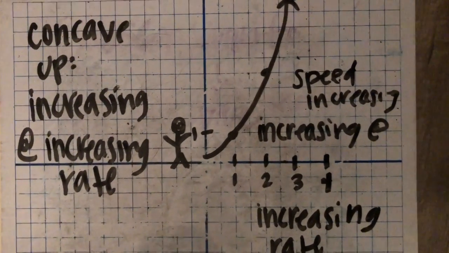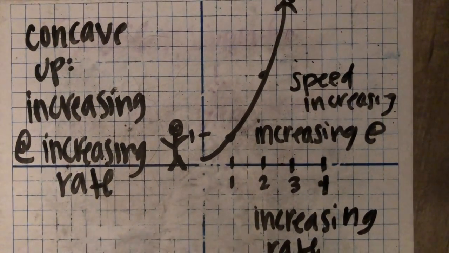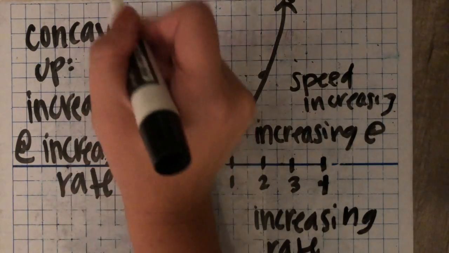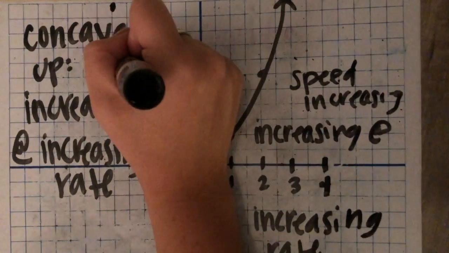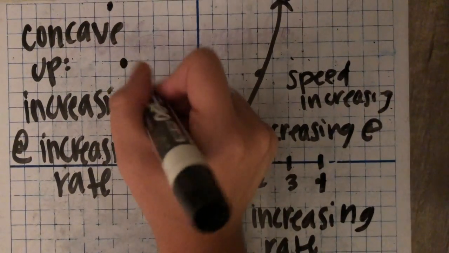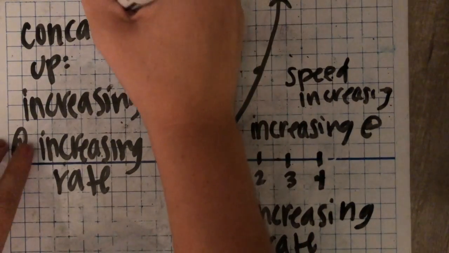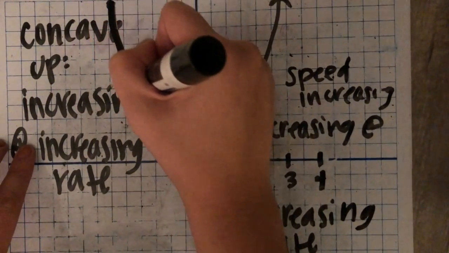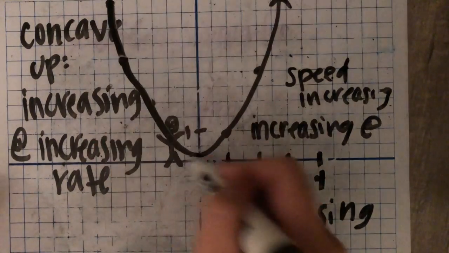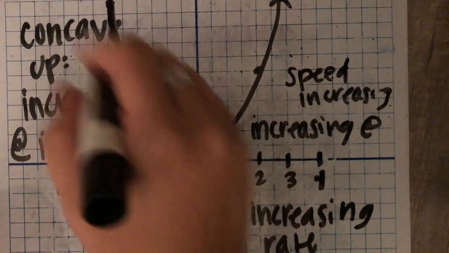It also works the other way. If he's decreasing at a decreasing rate, so he's coming down, but at first he started decreasing quickly, and then he decreases a little bit less quickly. He was going really fast here, decreasing, and then it kind of slows down here. That's the other part of the concave up, that U piece.